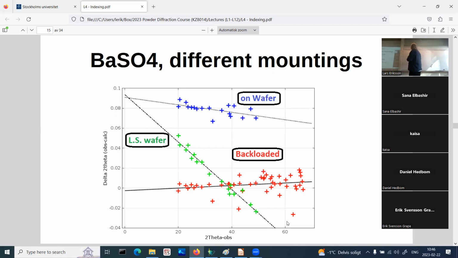On the wafer, usually we have a so-called zero scattering silicon wafer. What is that? I asked the first time I encountered this feature. It's a piece of silicon that does not scatter X-rays, they told me. But this is impossible, really.